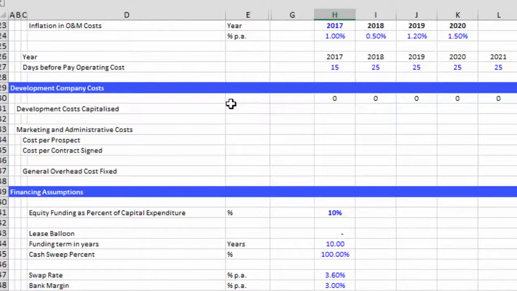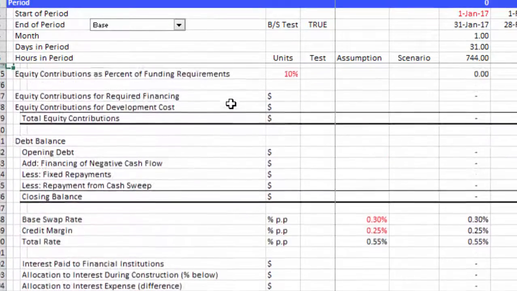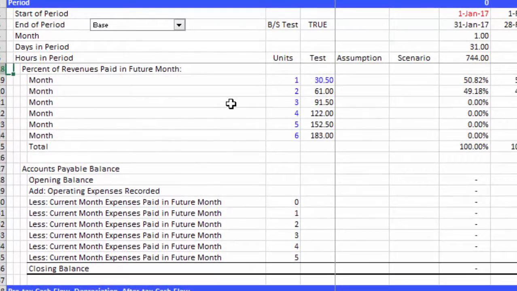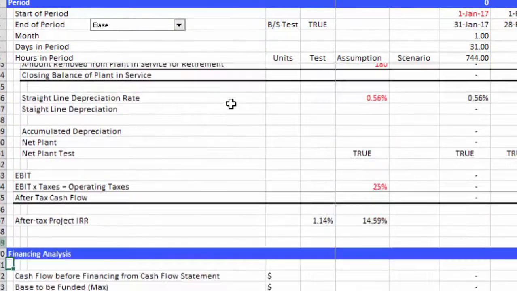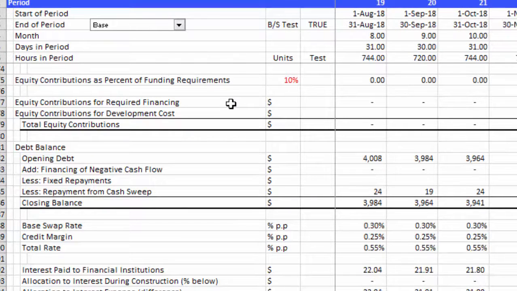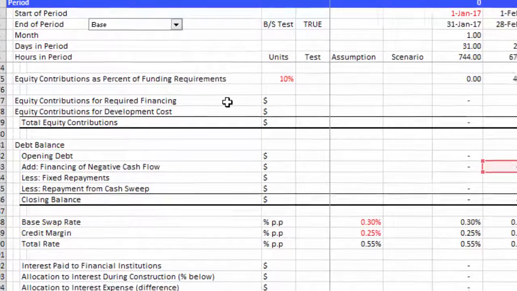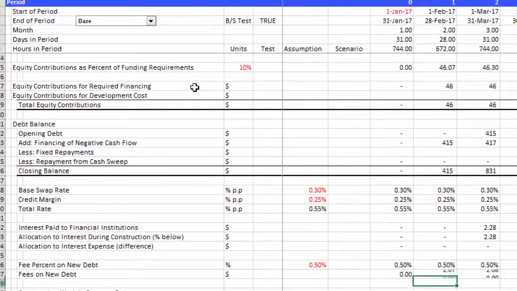Okay, now we go to the financing analysis, and then we have the fees on the debt. Okay, so now we have the fees.